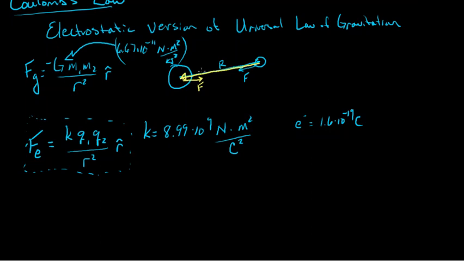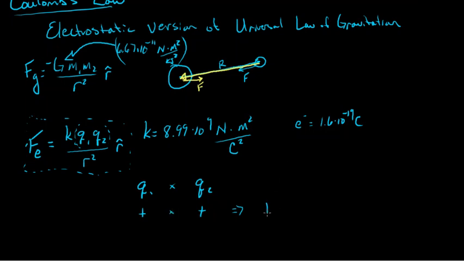Well, I want you to keep this negative up here in mind. For mass, this negative meant that the two masses were attracted to each other. So we're going to look at this Q1, Q2 idea. If we're multiplying them, and Q1 is positive and Q2 is positive, what do you get when you multiply a positive times a positive?